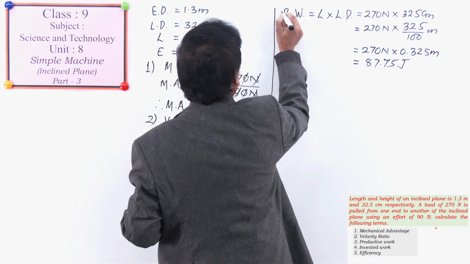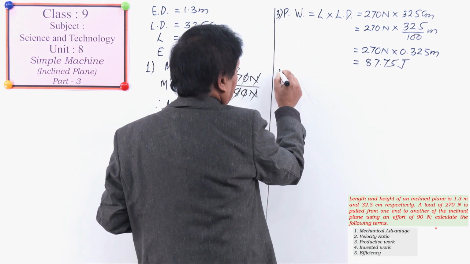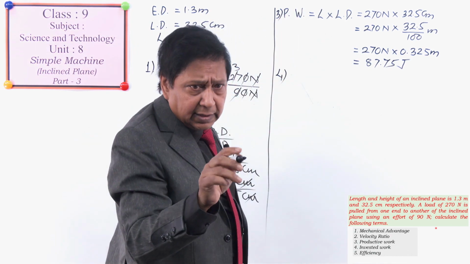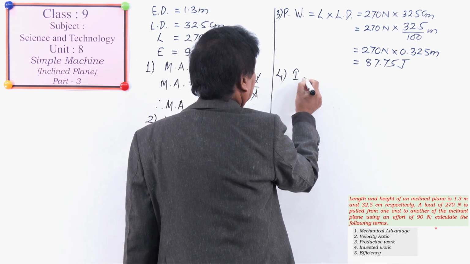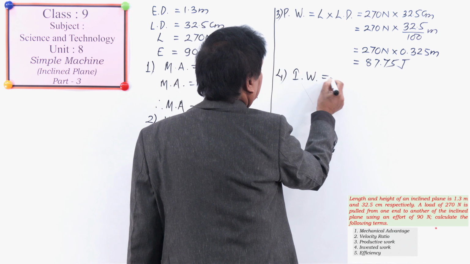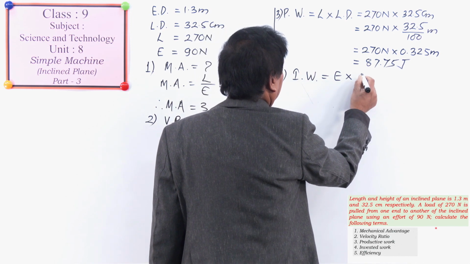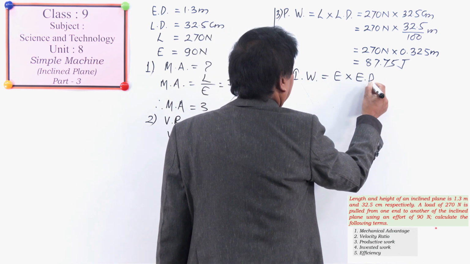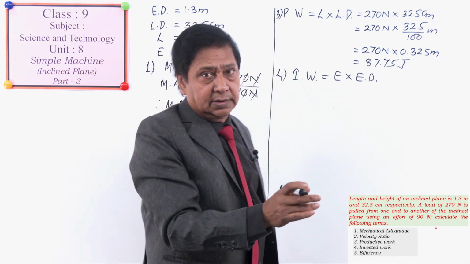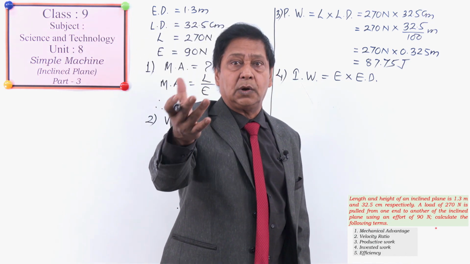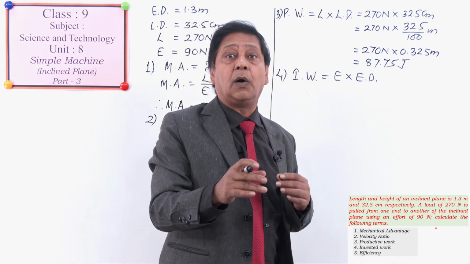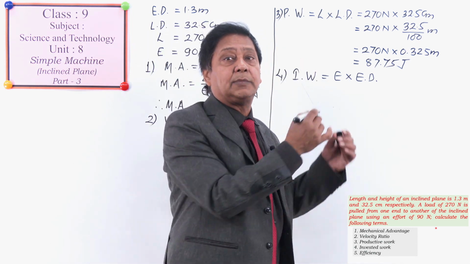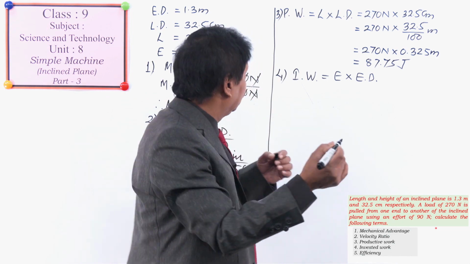Number 4, this was 3. Now number 4 is invested work, or work input. This is equal to effort times effort distance. I'm writing the formula directly because all these are taught in the previous class. What is work output, what is work input, mechanical advantage, velocity ratio, all are done in the previous class. That's why I'm writing the formula directly.